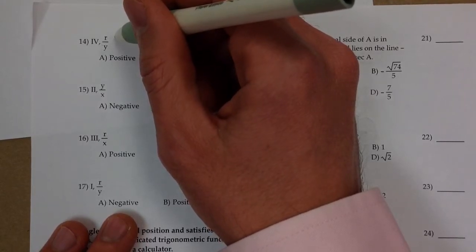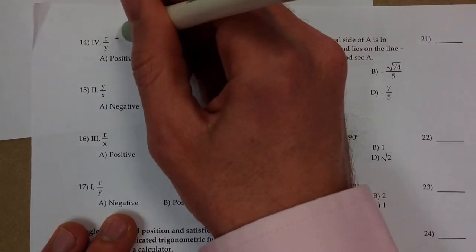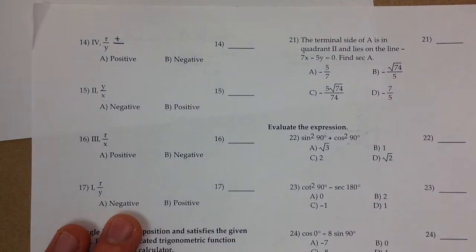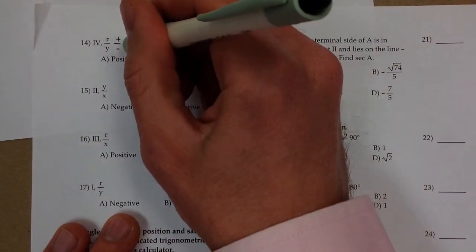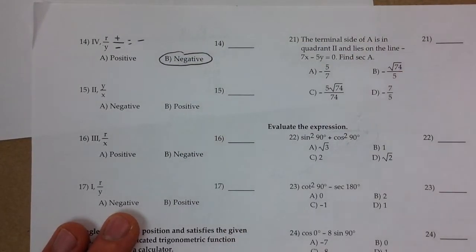Trick question. Doesn't matter what quadrant it's in. R is always positive. And the y coordinate is negative. Therefore, cosecant is negative in the fourth quadrant.